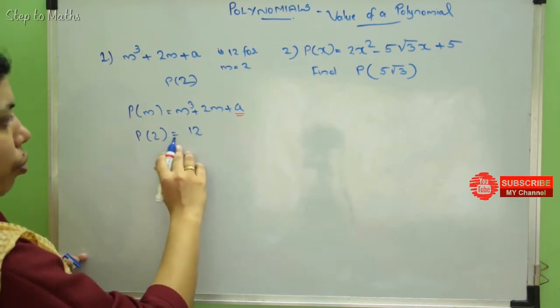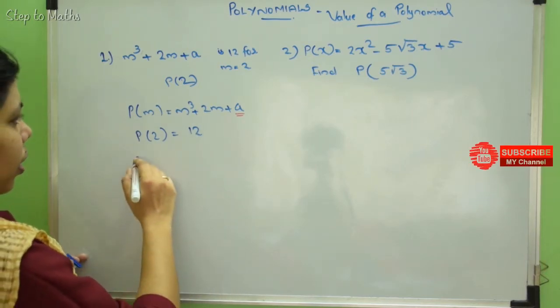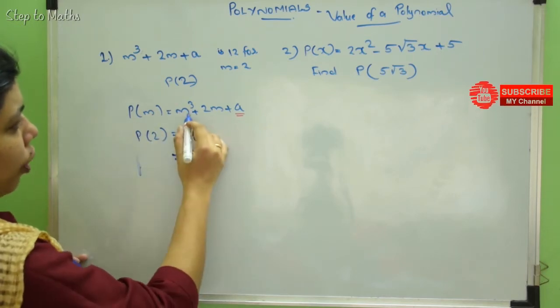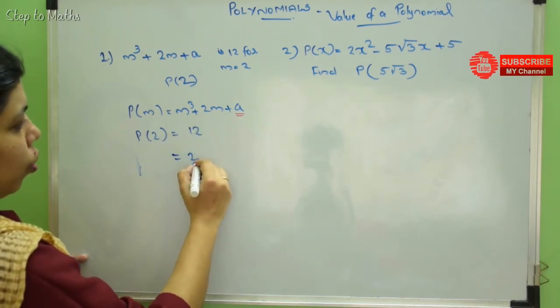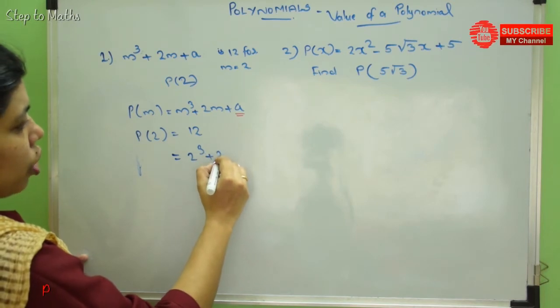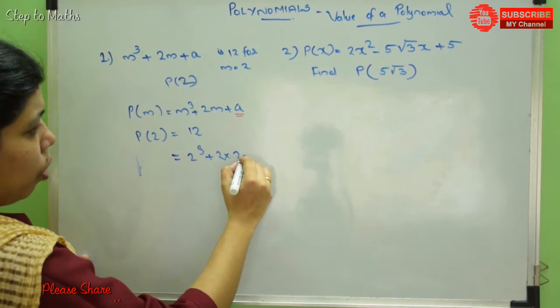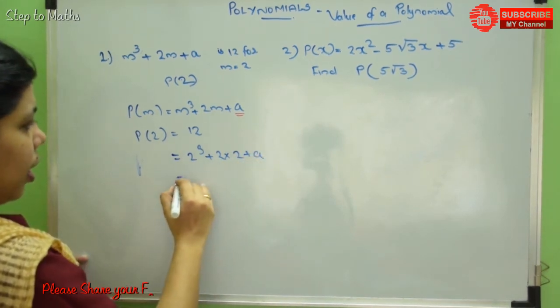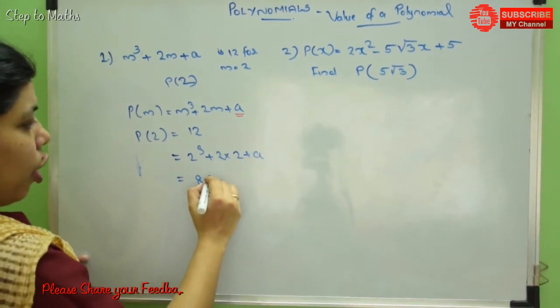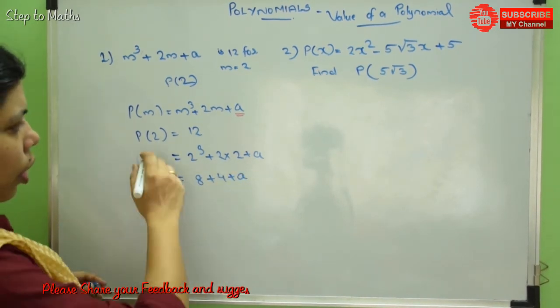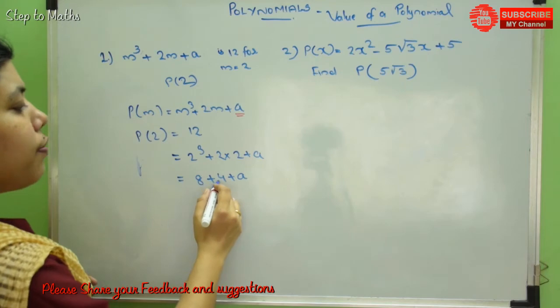Already given that p of 2 is equal to 12. From p of m, p of 2 is 2 cube plus 2 into 2 plus a, that is 8 plus 4 plus a.